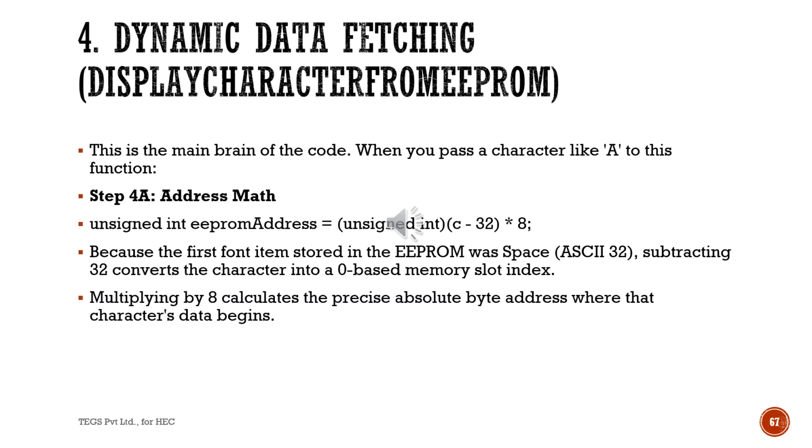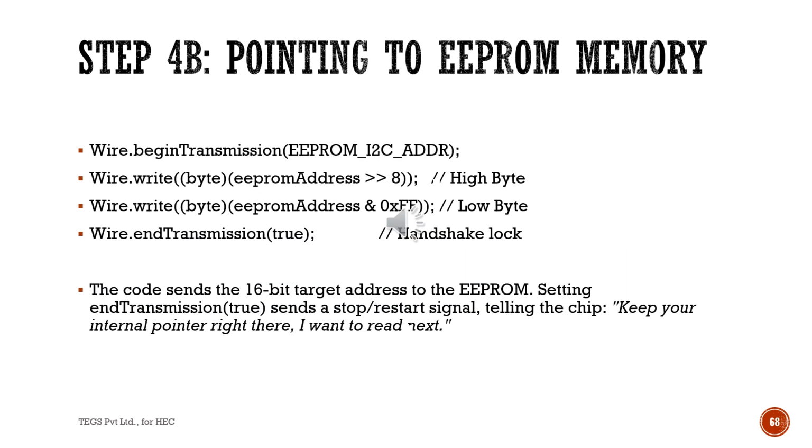Because the first font item stored in the EEPROM was space, ASCII 32, subtracting 32 converts the character into a 0-based memory slot index. Multiplying by 8 calculates the precise absolute byte address where that character data begins.